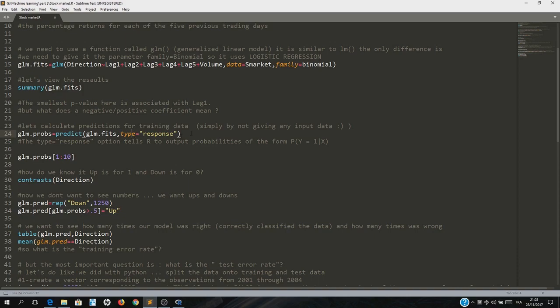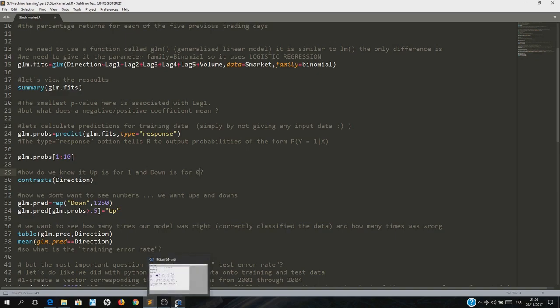But this time, if you don't give any data to the predict function, it just uses the training data automatically. That's great about R. Everything is automatic. You don't have to worry about it. If you don't put the data here, it's going to use the training data, the data that we used to fit the model.